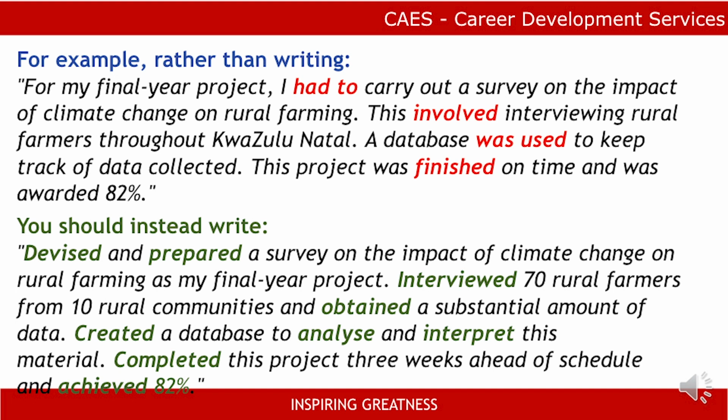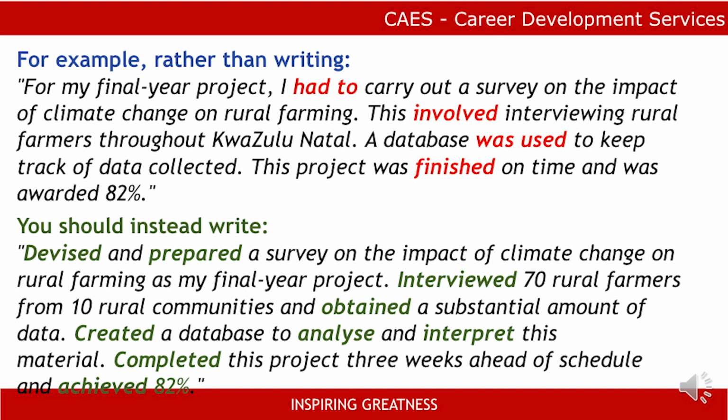Now listen to the second paragraph, which makes use of accomplishment statements. Devised and prepared a survey on the impacts of climate change on rural farming as my final year project. Interviewed 70 rural farmers from 10 rural communities and obtained a substantial amount of data.